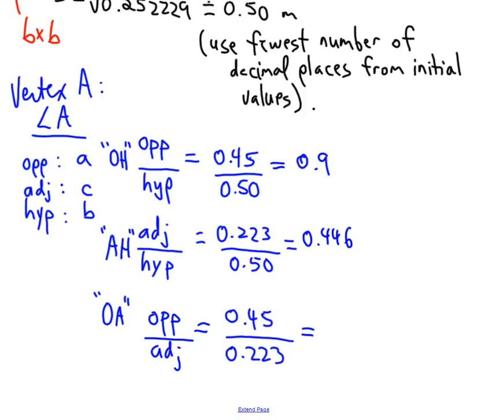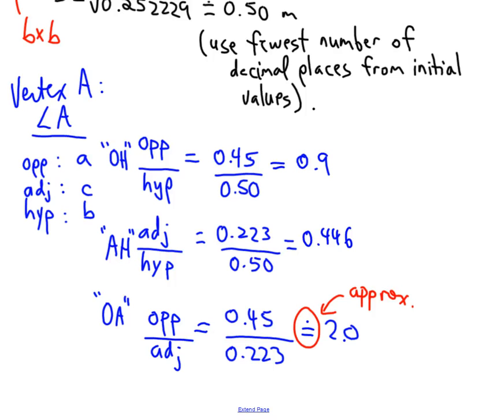And if we were to calculate the value of 0.45 over 0.223, we get 2.0, okay, approximately. You notice I put a dot above the equal sign when I've rounded, and that means I've approximated, okay? So you try to do that as well. If it's exactly equal, write an equal sign. If not, put a dot over the equal sign, please.